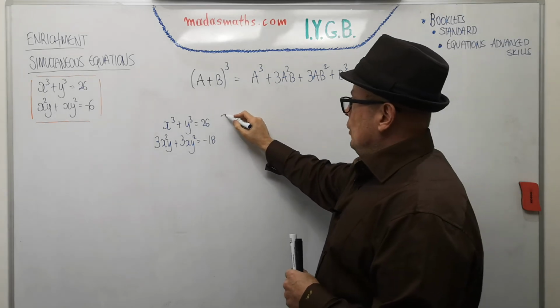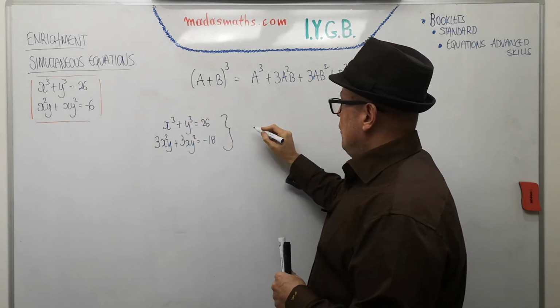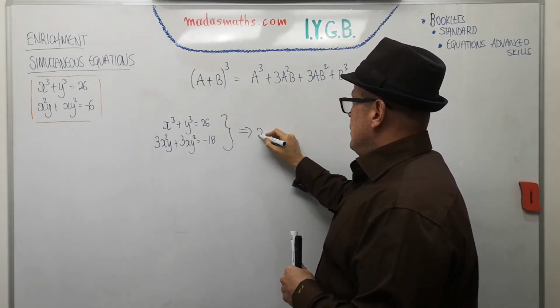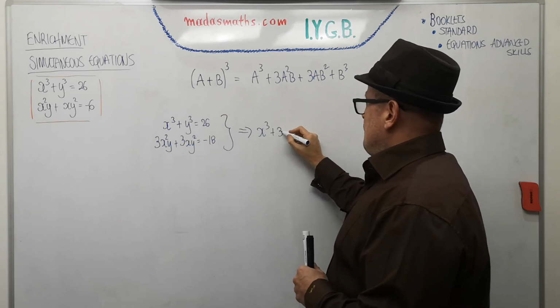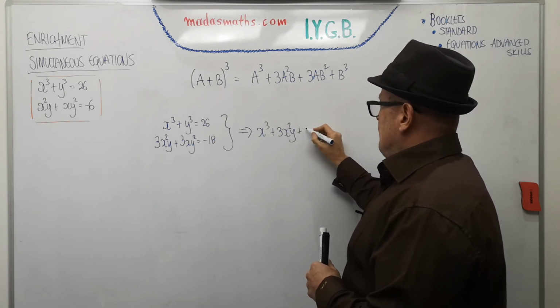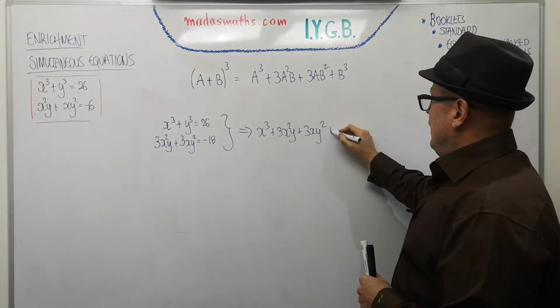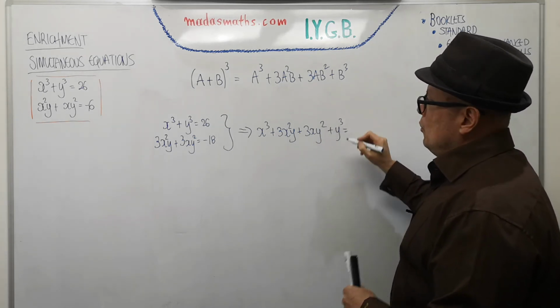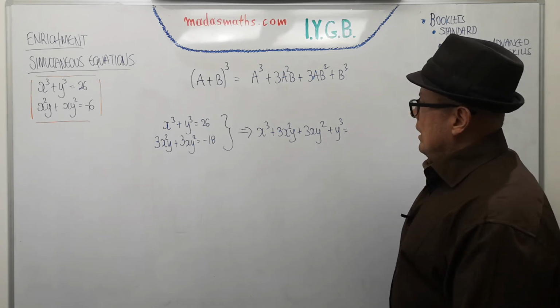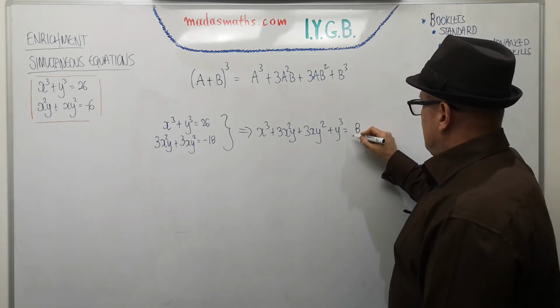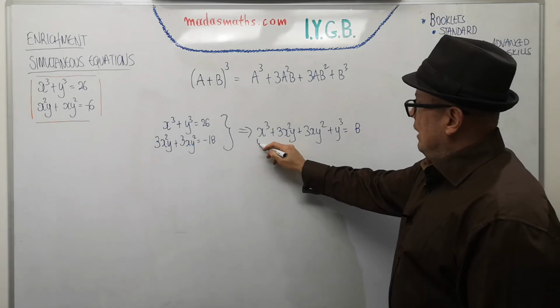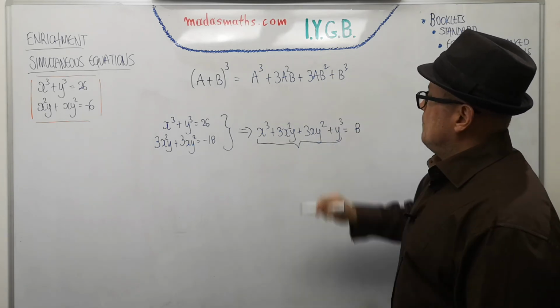So if I add these two equations now, the left hand side will produce x cubed plus 3x squared y plus 3xy squared plus y cubed is equal to 26 take away 18. Is it 8? I hope it is. All right, let's look at this and let's look at the line above.